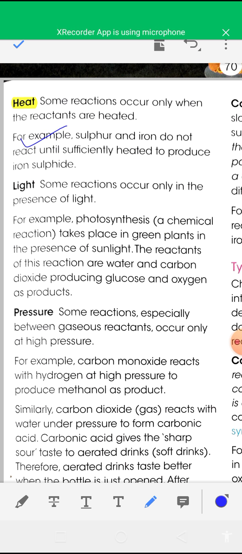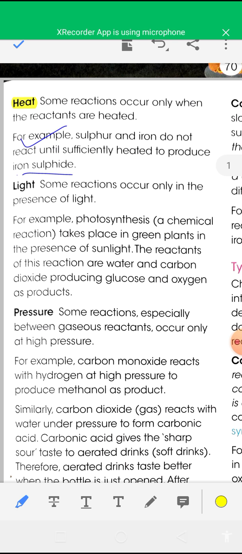So the reaction between sulfur and iron only takes place when the mixture is heated, and it will produce iron sulfide as a product. So heat is also an important condition for a chemical reaction.